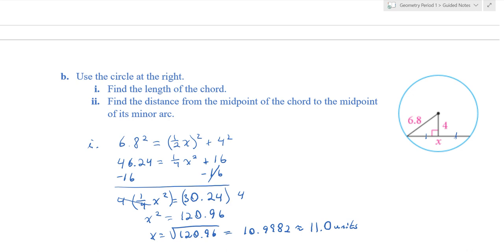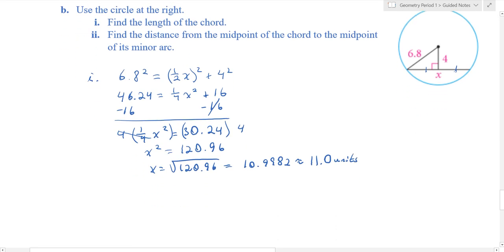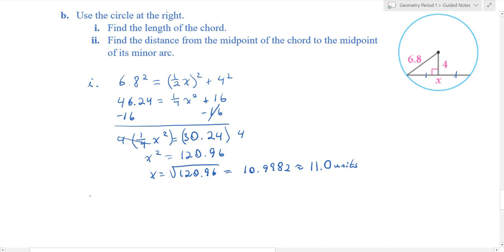All right. Now, we need to find out for number 2, and I'm just going to scroll over here and do number 2. Number 2 now says, find the distance from the midpoint of the chord to the midpoint of its minor arc. The minor arc is right here.